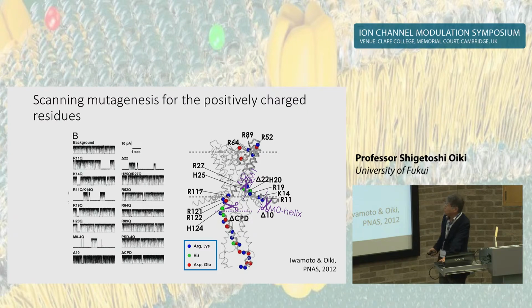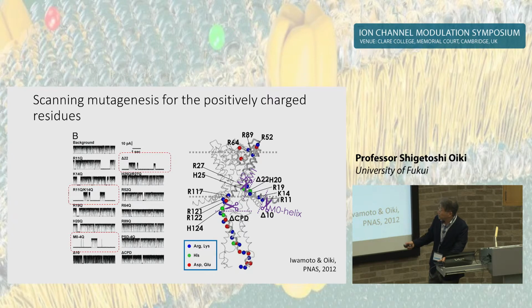Now the PG is negatively charged at the head group of the lipid. It should interact with the channel molecule electrostatically, and there are about 20 positively charged residues in KcsA, and we mutated those residues one by one and looked at the channel activity.